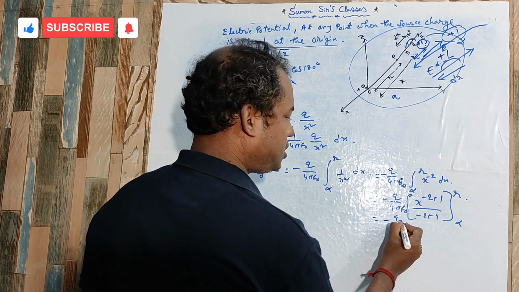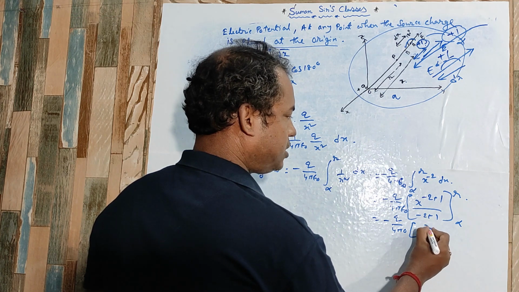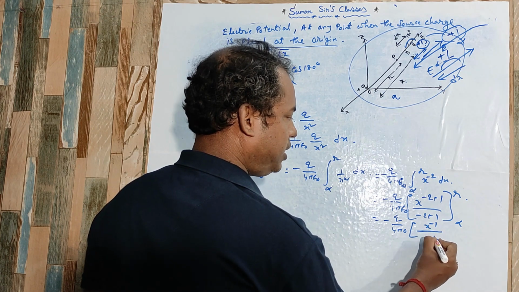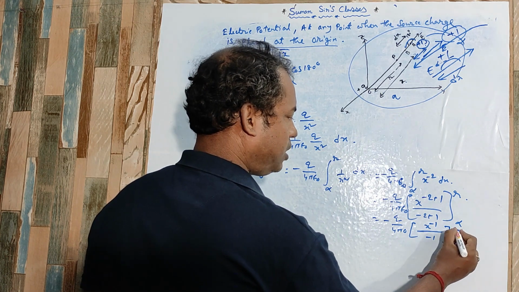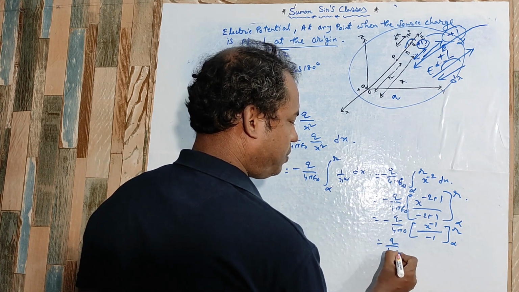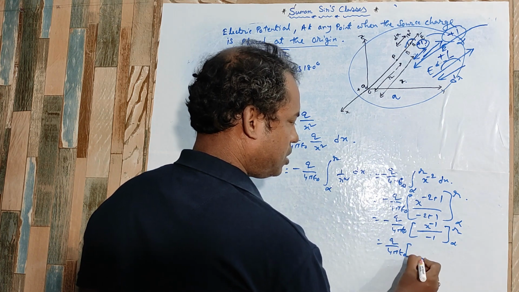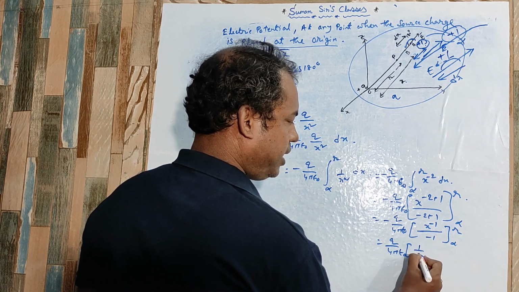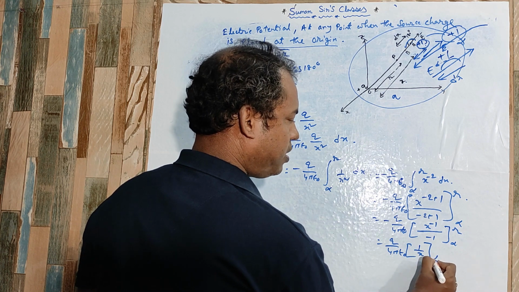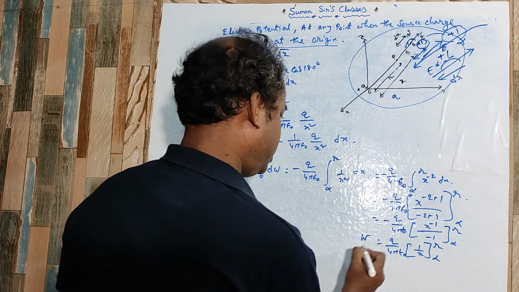So that is minus Q by 4 pi epsilon naught, x to the power minus 1 by minus 1, from infinite to R. The minus 1 cancels, giving Q by 4 pi epsilon naught, 1 by x, from infinite to R. That is the total work done.